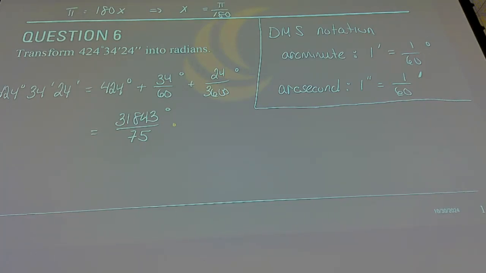The conversion factor is pi over 180, which is that ridiculous looking fraction.